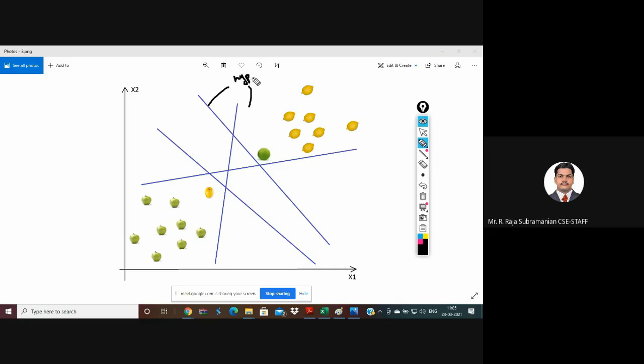We have to find it. Now the question comes: what does optimal hyperplane mean? An optimal hyperplane means that the classification accuracy is high, or there should be a distance between the support vectors and the optimal hyperplane, right? I already gave you a glimpse of what a support vector is.